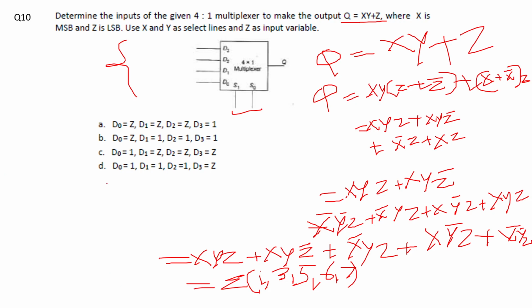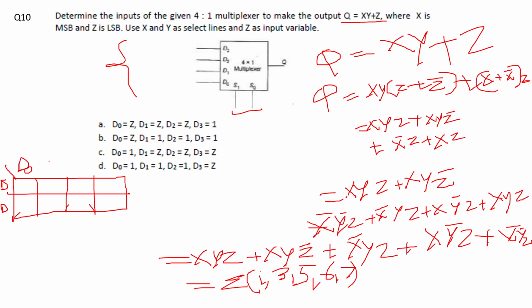Now what we'll do, we'll just draw a table here. I think it's called implementation table. And we'll just write down, here I have D complement, here I have D, and here it is D0, D1, D2 and D3.